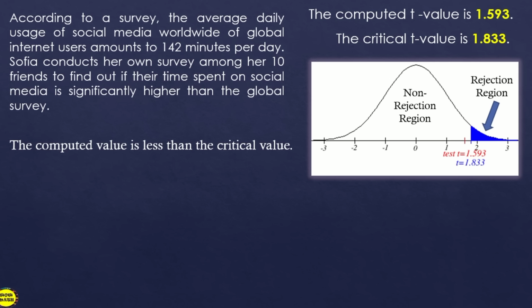Again, kapag yung computed value natin ay mas mababa sa critical value, kasi yung computed value natin is 1.593, mas mababa siya sa critical value na 1.833. Kapag ganun, yung computed value natin ay nasa loob ng non-rejection region.